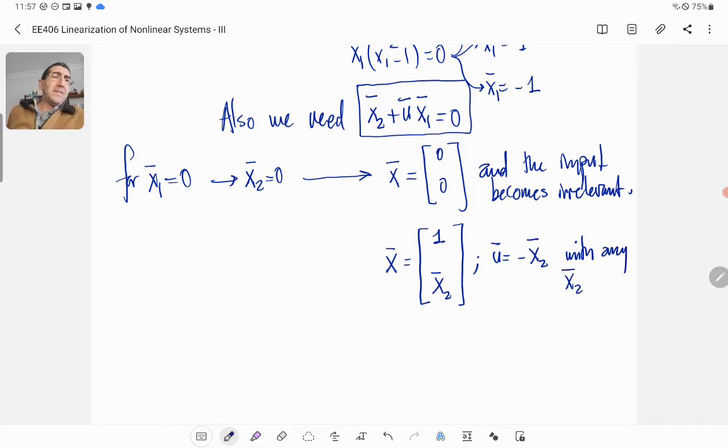What does that mean? For x1 bar equal to 1, we don't have a single equilibrium point, but a continuum of equilibrium points. It just depends on the input. Choose the input and you have an equilibrium point, or choose the equilibrium point and you have an input.